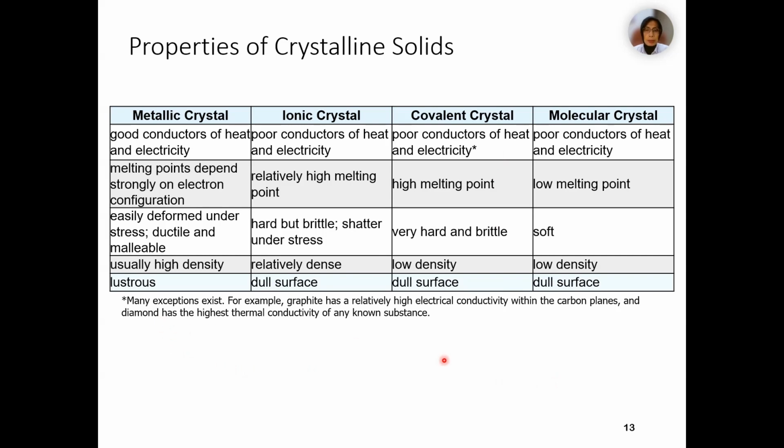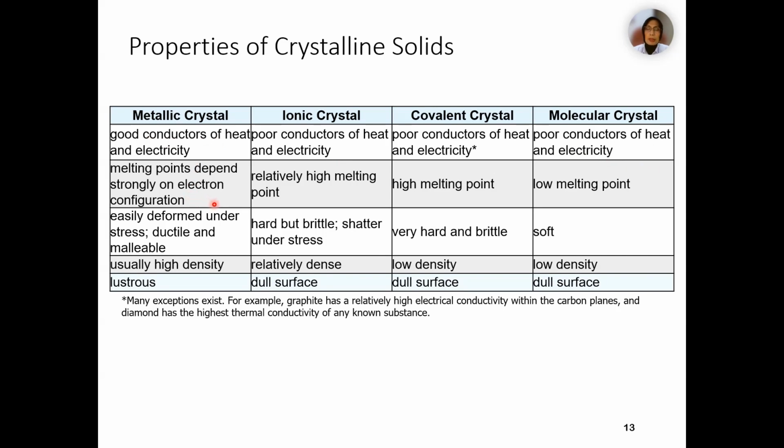For example, carbon in the form of graphite has a relatively high electrical conductivity because the electrons can move in the carbon planes, while diamond has the highest thermal conductivity. And molecular crystals are poor conductors of heat and electricity. For metallic crystals, their melting points depend strongly on the electron configurations.